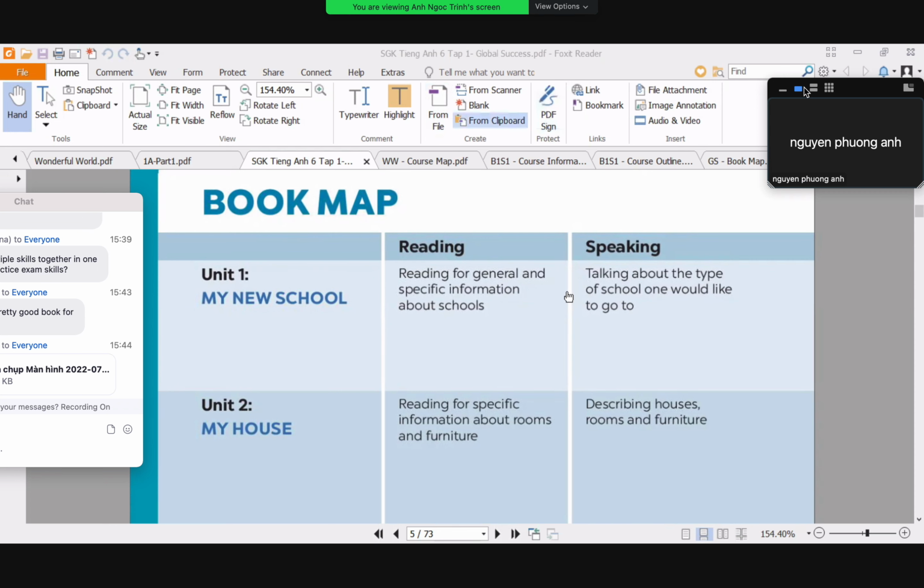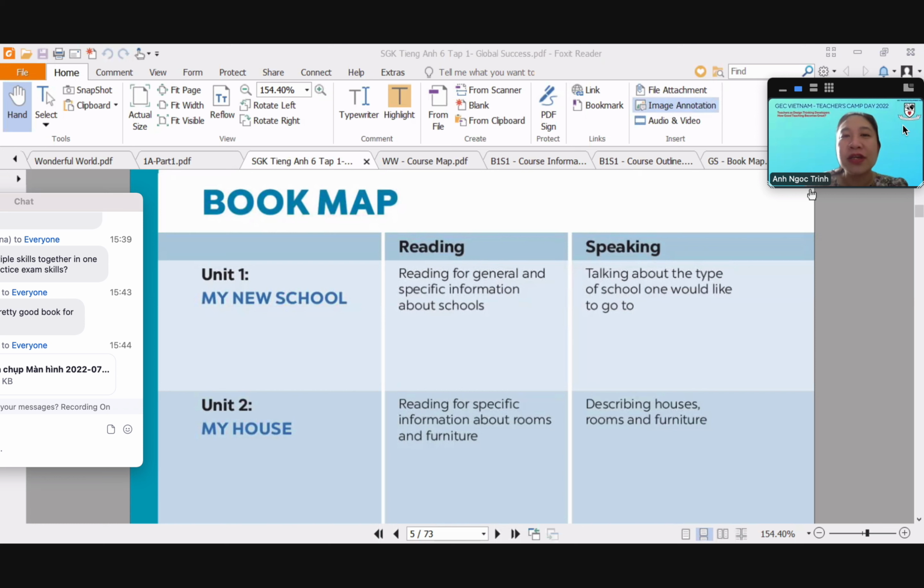If you choose a screen share, you can avoid this. I don't see the share screen button, I just see the new share here. Maybe you need to give me the right host. I did. I don't see the share screen button. I just see the new share here, so that's why it's okay.